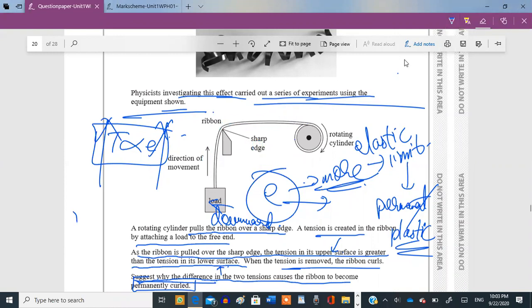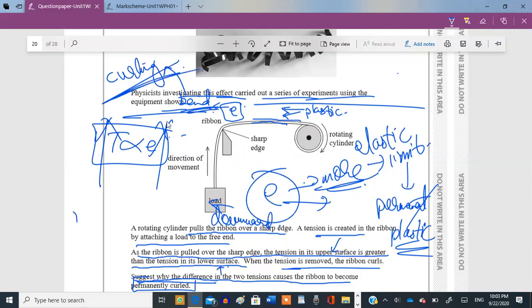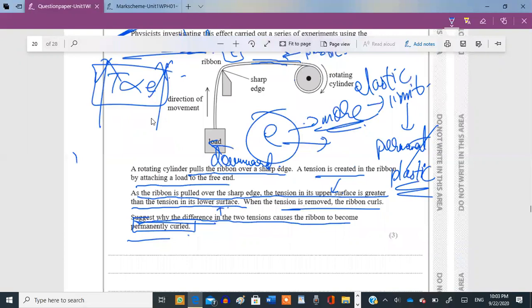There are two surfaces, the outer upper one and the lower one. The outer one will undergo plastic deformation, and if it undergoes more extension than the inner one, then it would bend. And if it bends, then that definitely means it will undergo curling. These are the 3 points you need to include in your answer.